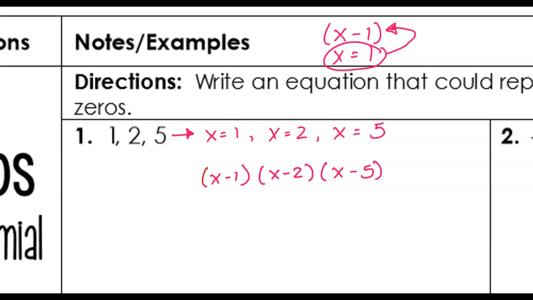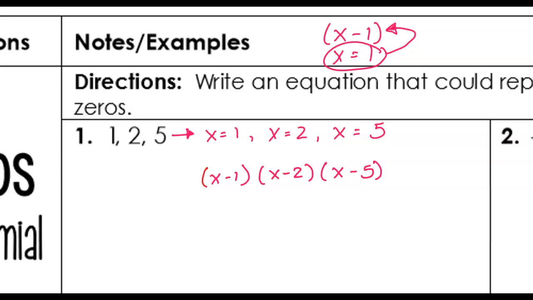They taught you box method, they maybe taught you FOIL. I like to think of it as just distributing. You're having to distribute everything. Now I'm going to put the first 2 binomials, and then I'll incorporate the last factor at the end.